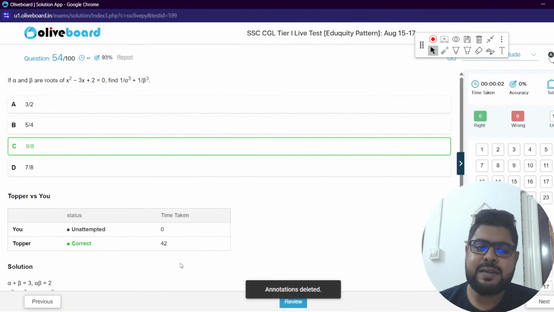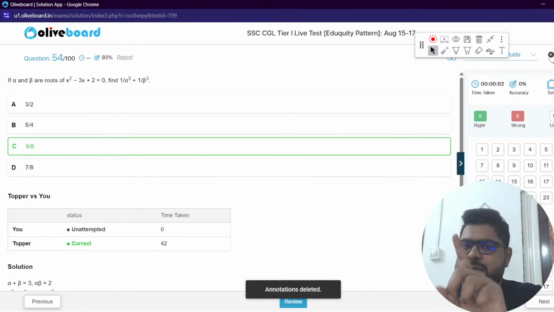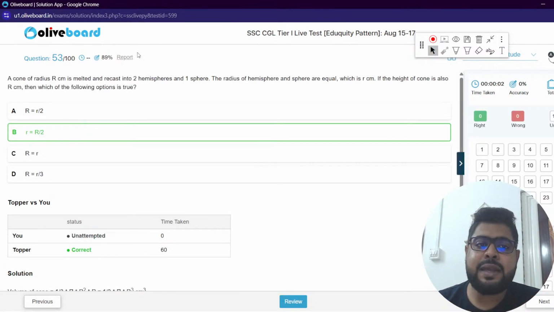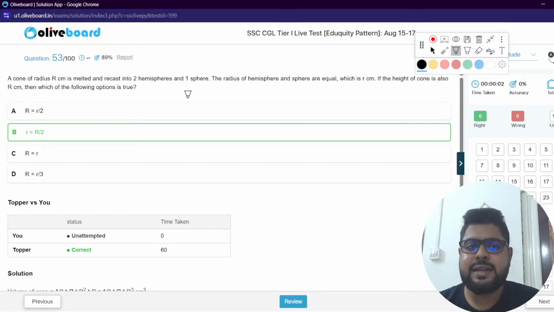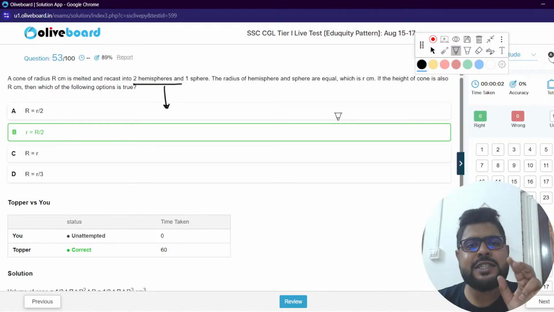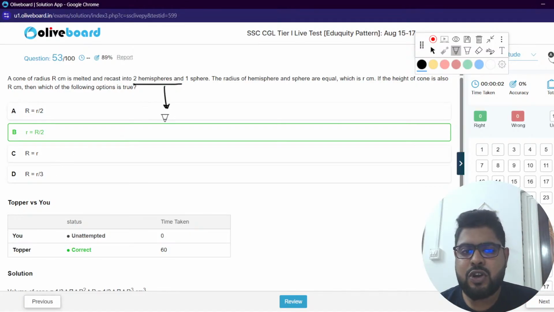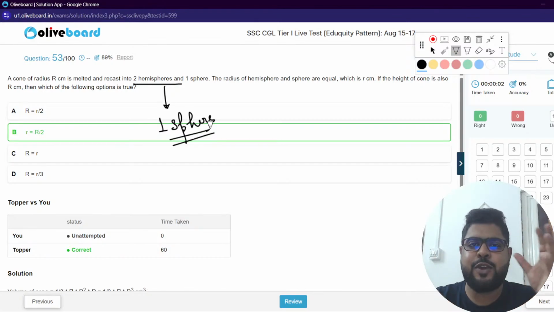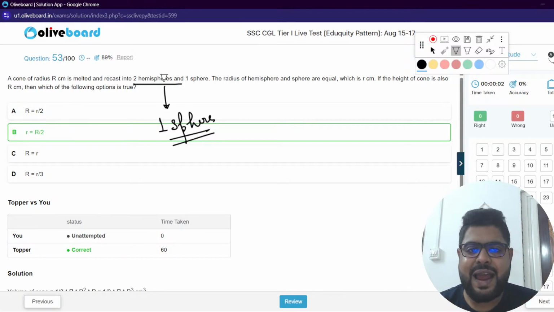Panmay, again, I'm just going back for 1 second. You see what I said: two hemispheres, that means volume. As we are equating volume, two hemispheres means one sphere, no? Two hemispheres means two half spheres. If we add, that's one sphere. And also one sphere, meaning plus one sphere.